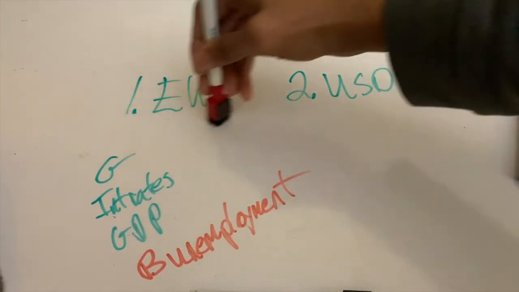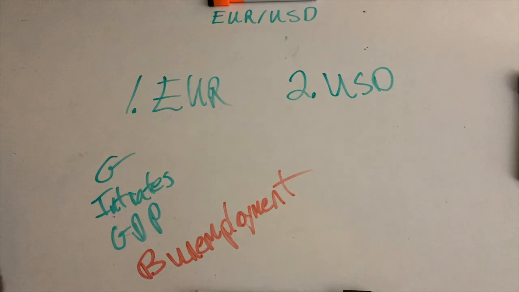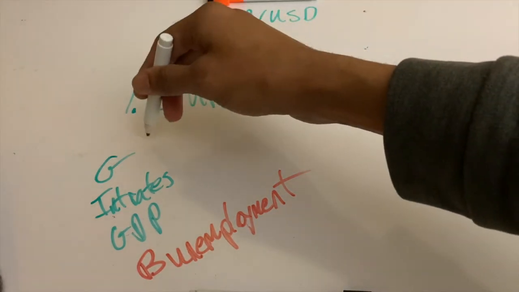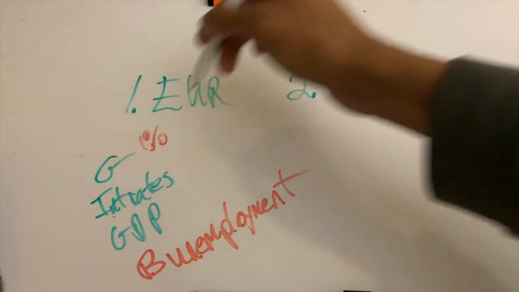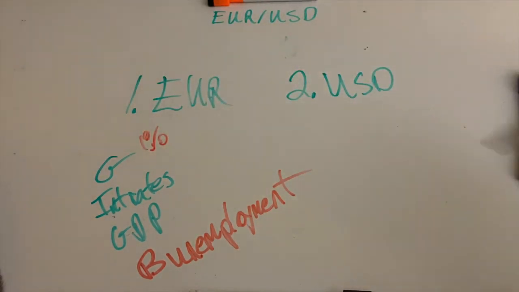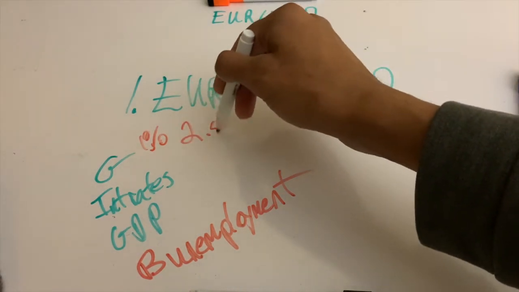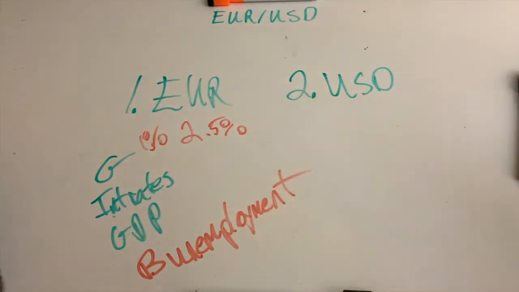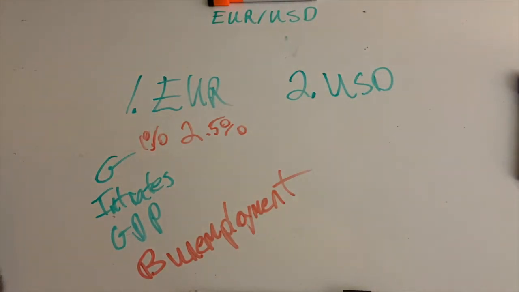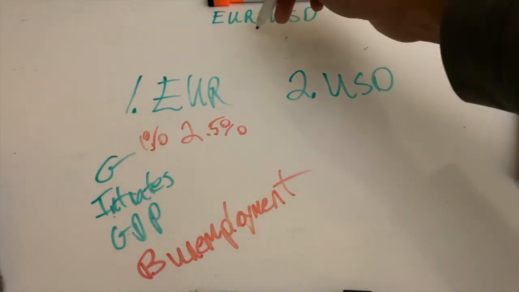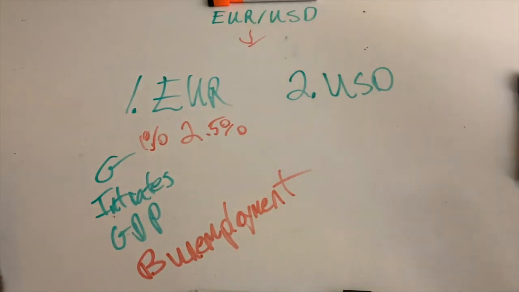And just to take a look at the other example, let's say unemployment rates were expected to be 1%, and then they come in and they're actually 2.5%. Higher than expected for bad news is going to weaken the primary currency, the euro, which could actually push the exchange rate down.